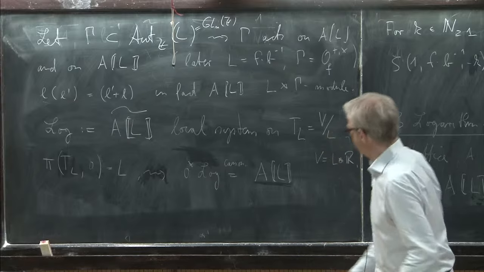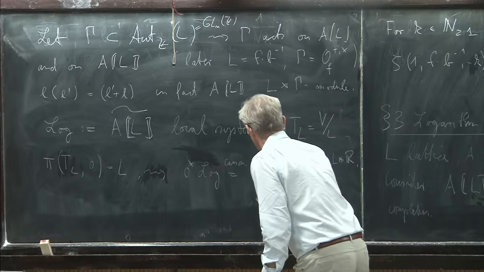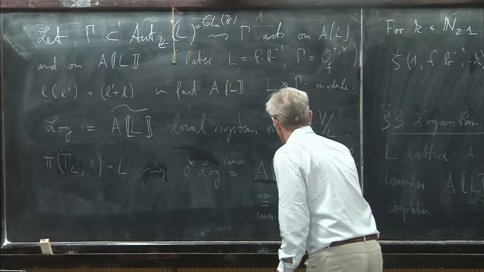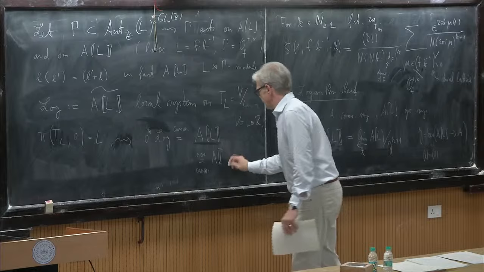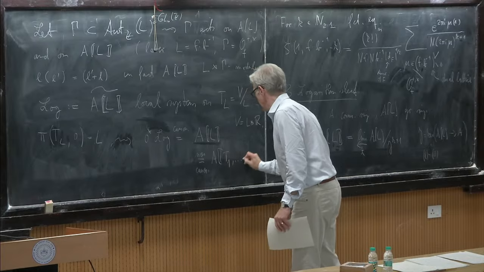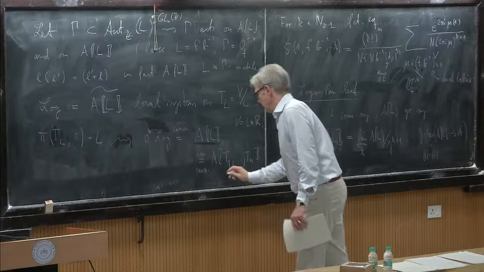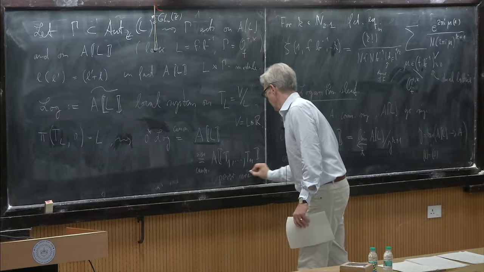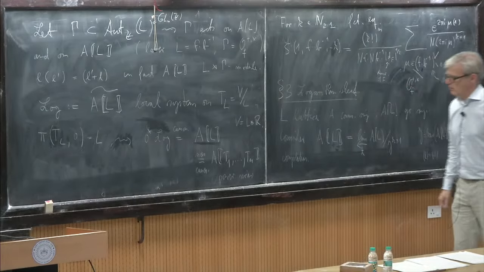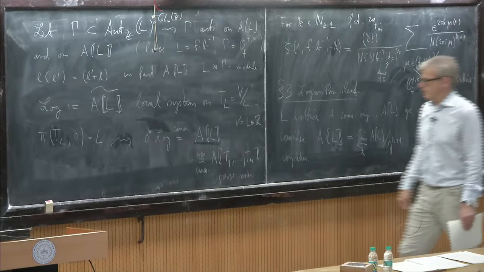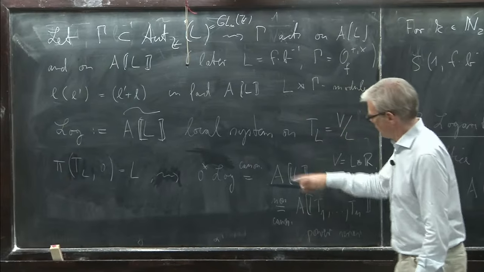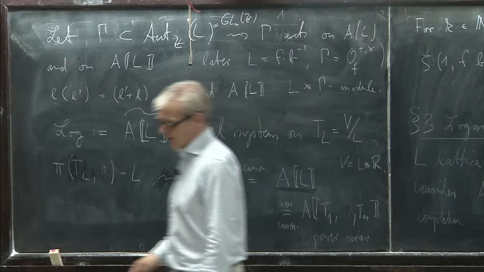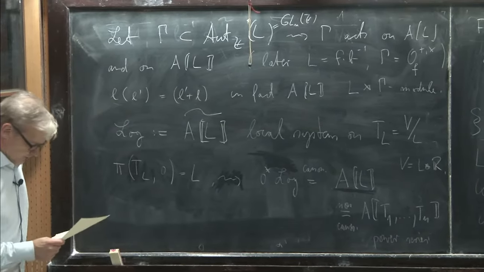Maybe I can also say it: this is non-canonically isomorphic to the power series ring in n variables, T_1 up to T_n. That's good, that's something we wanted to have. The non-canonically is bad, because we want to keep track of the gamma action, and that is not possible like that. But that will be another issue.